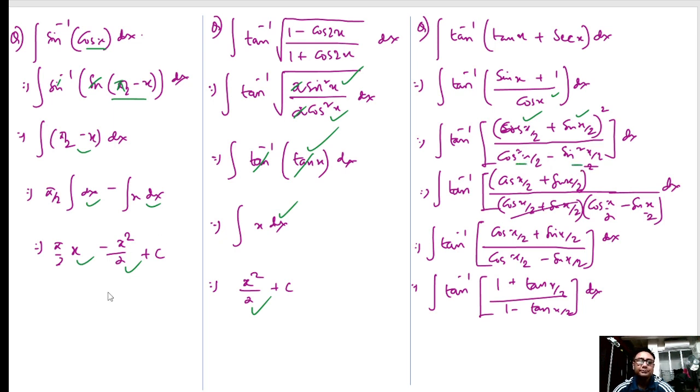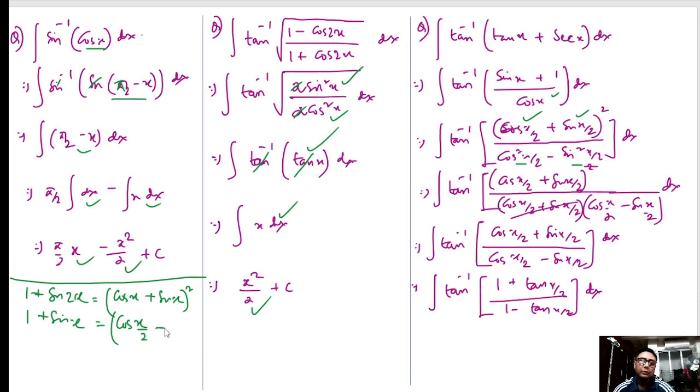Please refer to this. 1 plus sin 2x is cos x plus sin x whole square. Clear? So 1 plus only sin x will be how much? Cos x by 2 plus sin x by 2 whole square. So that is what I have written here.